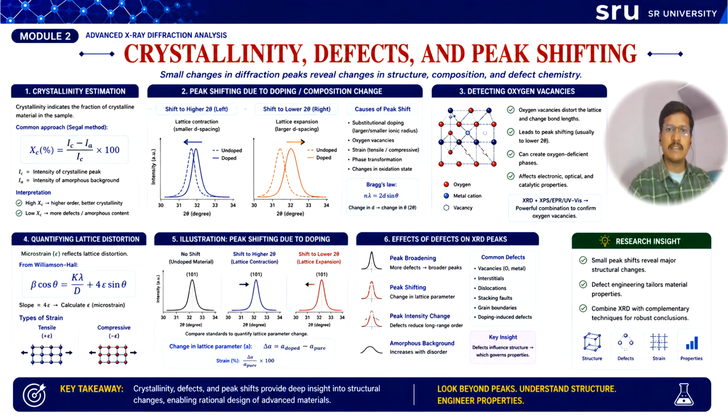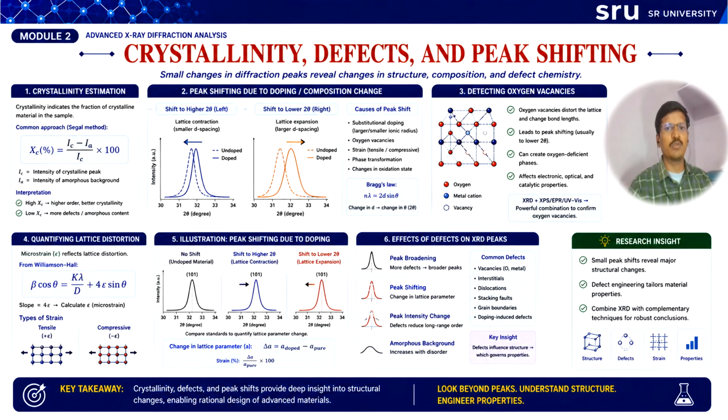On the other hand, poorly crystalline or amorphous materials produce broad and weak diffraction peaks due to the absence of long-range atomic order. The equation shown here is commonly used for estimating the crystallinity percentage from the diffraction data.